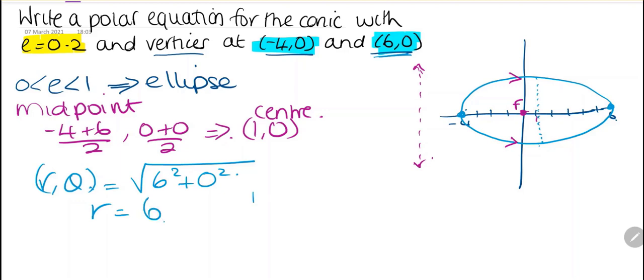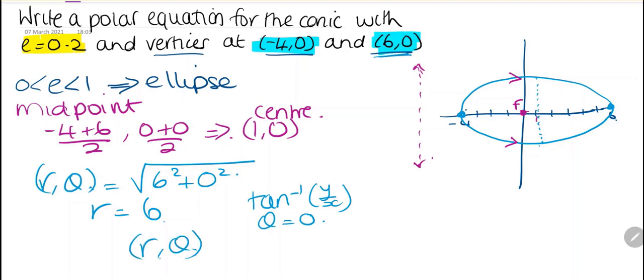And then to find theta, we want tan to the -1 of y over x, which is 0 divided by 6, which is 0. So theta will be 0. So we have r, theta will be 6 and 0.